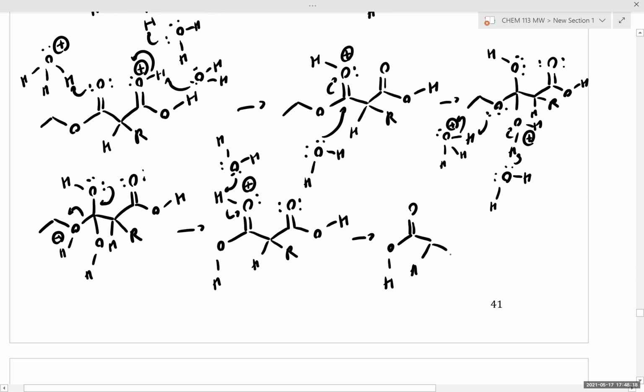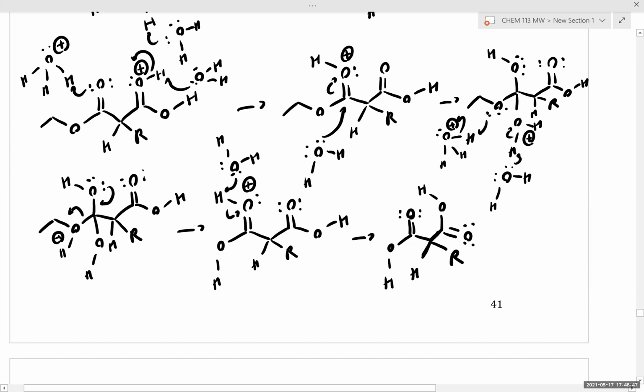And I really like when I'm drawing out this mechanism to draw out the carboxylic acid in a way that makes it easy for me to show this decarboxylation. So to do that, I'm going to position my carboxylic acid like so, just really showing that 6-membered transition state, because this is a concerted reaction.